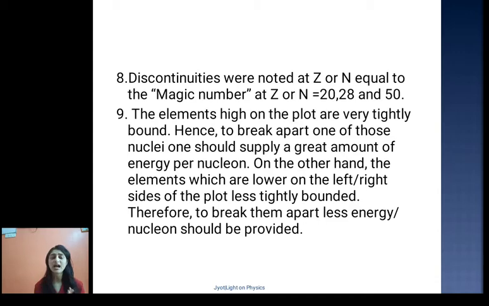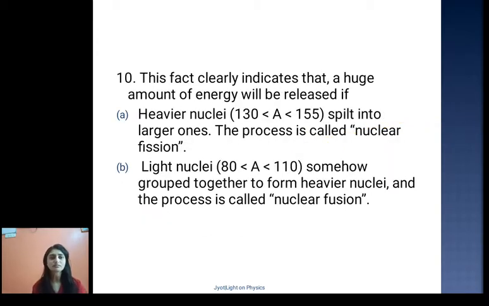The elements high on the plot are very tightly bound. Hence, to break apart one of those nuclei, one has to supply a great amount of energy per nucleon. On the other hand, the elements which are lower on the left and right sides of the plot are less tightly bound. Therefore, to break them apart, less energy has to be supplied. So this fact clearly indicates that a huge amount of energy will be released.